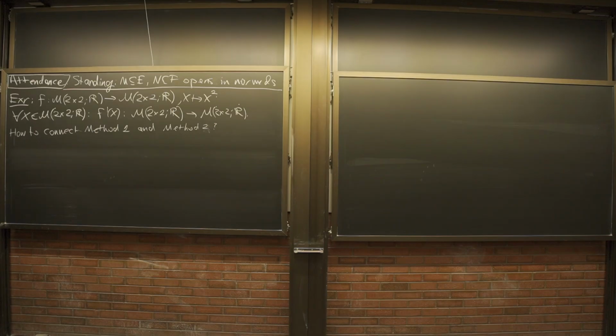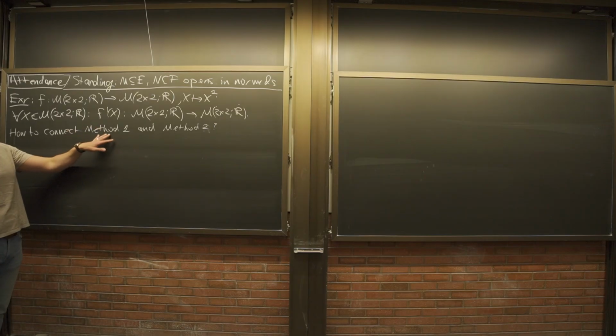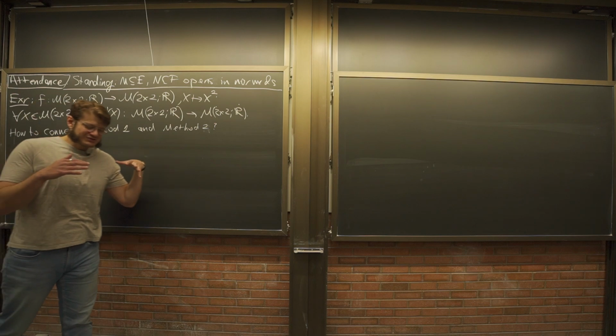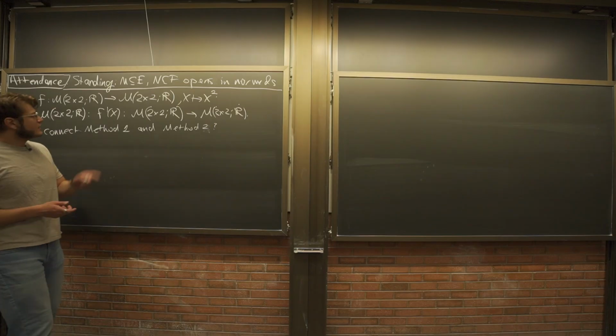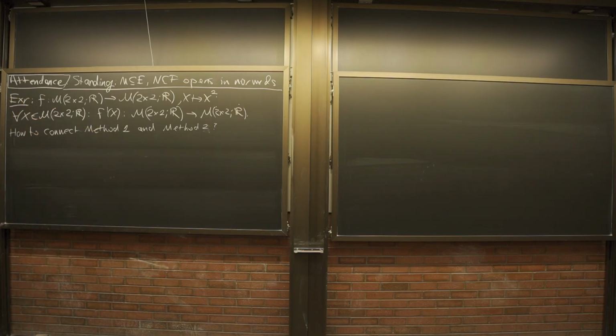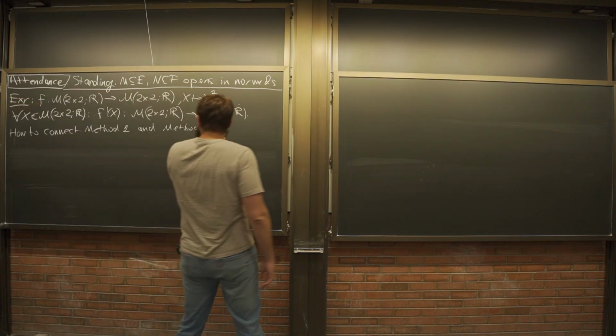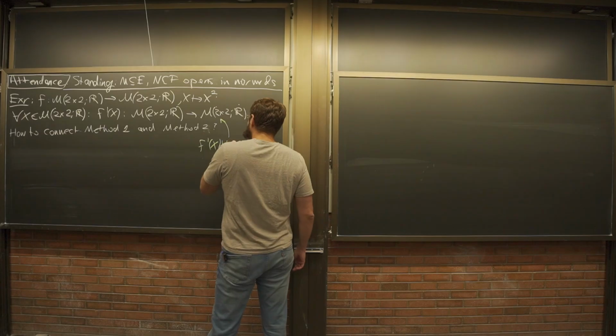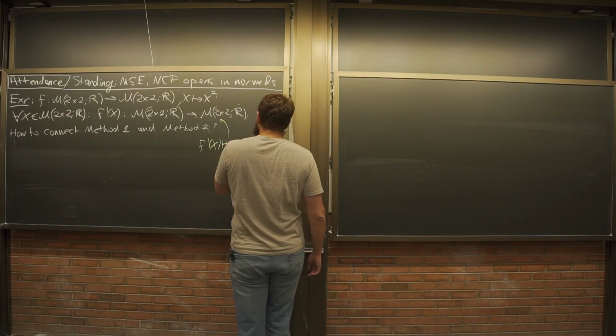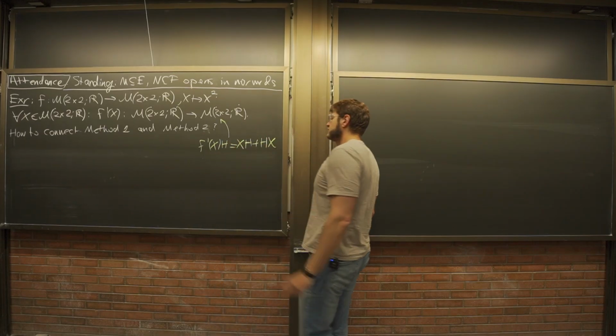So first think about this. What was the formula that we came up with in the first method, the method of vectorization? The formula is more complicated, but with method 2, the formula is nothing but f prime of x at a small matrix H is nothing but xh plus hx.